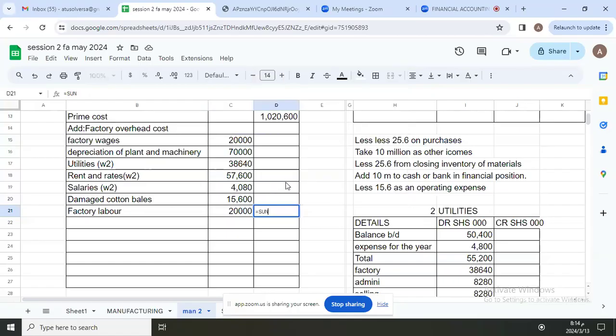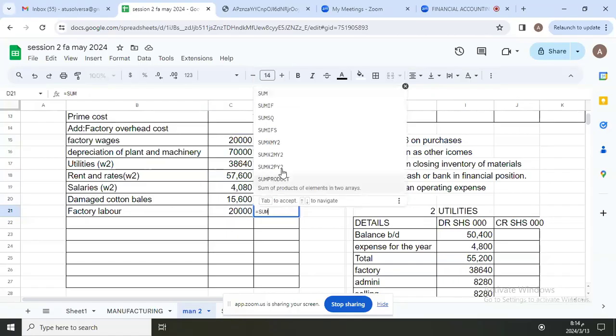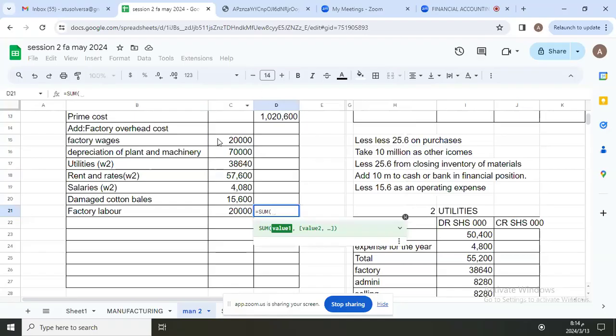Excuse me, Edgar. Me, I'm getting 20,000. You're getting what? On the factory labor, I'm getting 24,000. I don't know how you computed it, maybe.